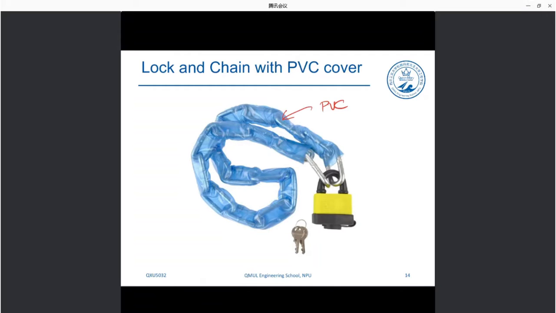The macromolecular chains of the polymer were frozen, okay? They were not able to be extended, to be flexible. So in order to handle this chain, you need to increase the thermal energy onto the PVC in order to soften it and make it more flexible, okay?